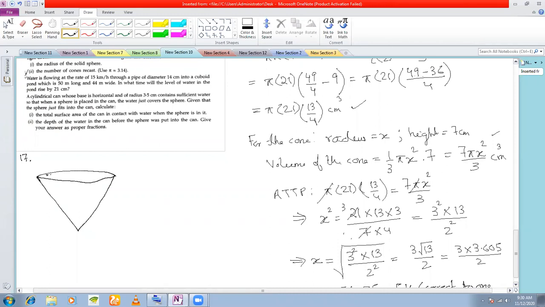So this is filled with water to the brim. Its height is 20 centimeters. Fine. So the height is given to be 20 centimeters.